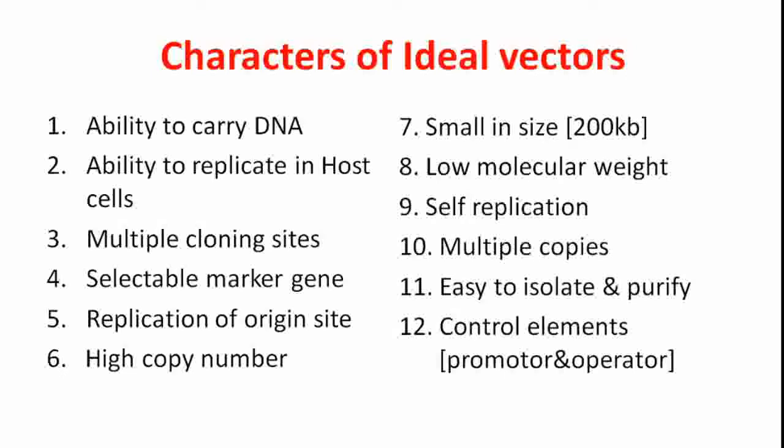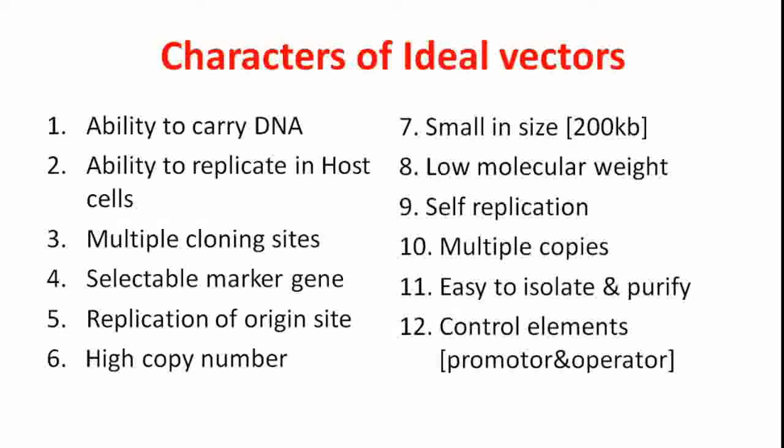It is always advised to have a small-sized vector. The cloning vector must be small in size, and if it is small in size, automatically it is low in molecular weight. Self-replication, multiple copies, as I already told you. And this cloning vector must be easy to isolate, easy to purify, and it should contain control elements like promoter and operator.